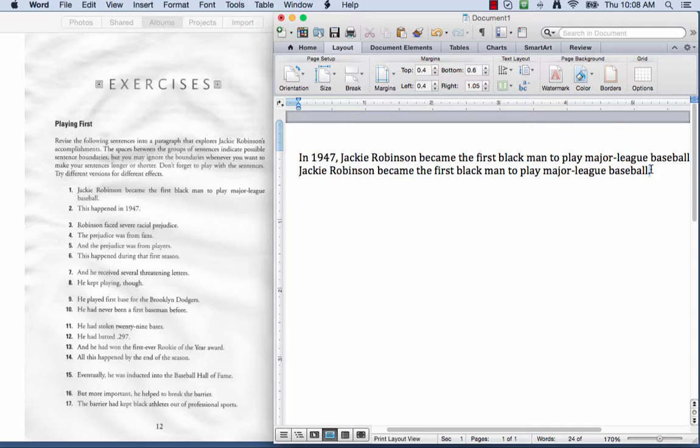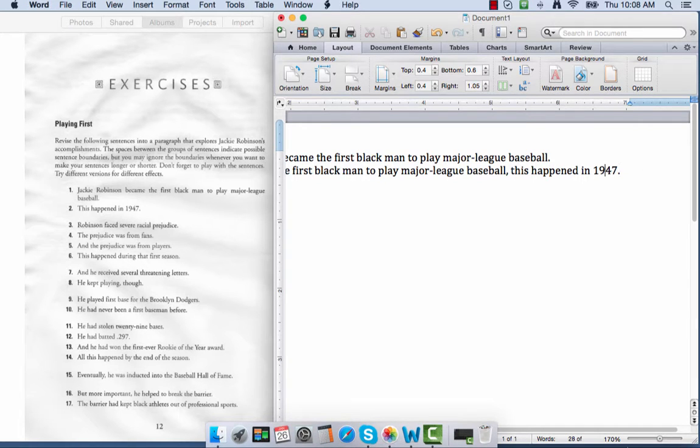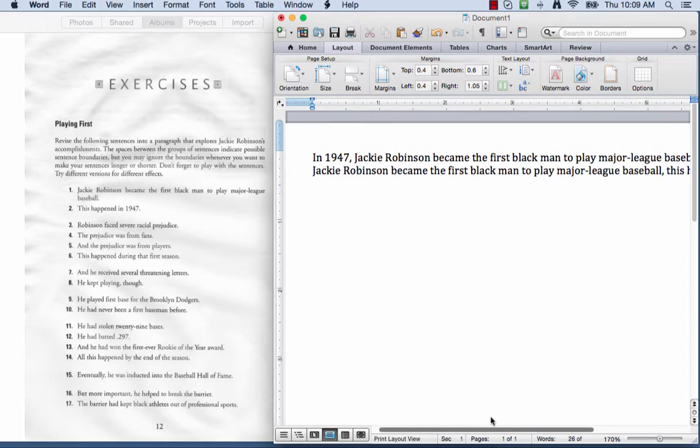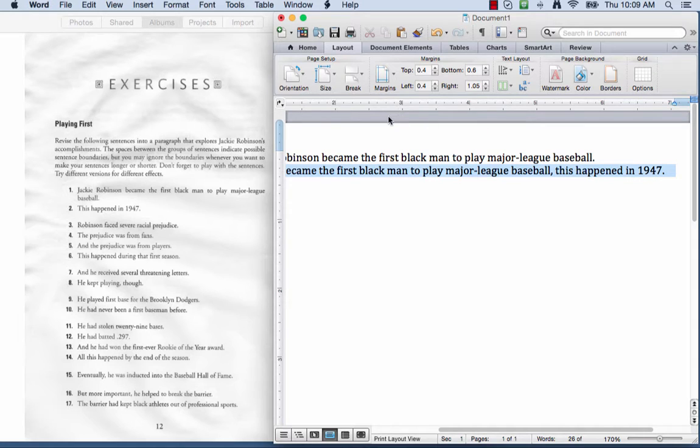And then you just put a comma. This happened in 1947. Well, what you've done there is you have made what we call a run-on sentence. You have taken one sentence and added it to another with a comma. That's making this a run-on, and we don't want that to happen.